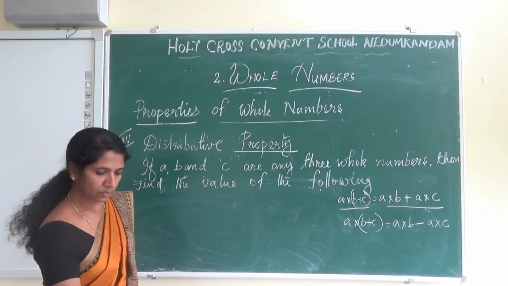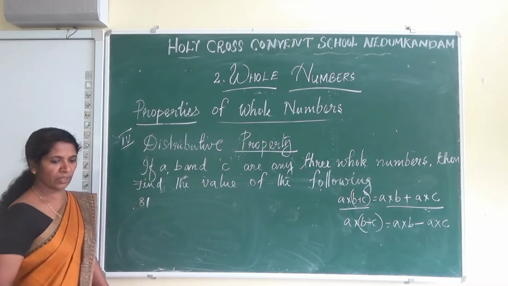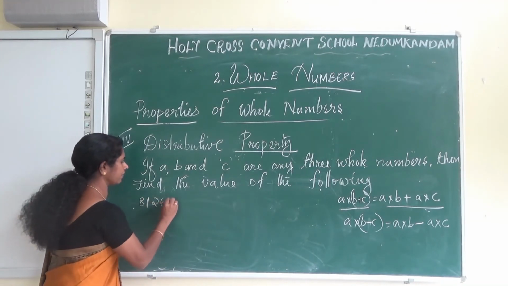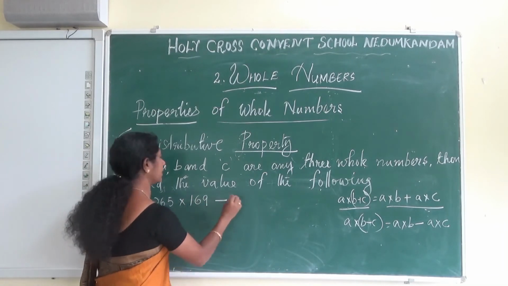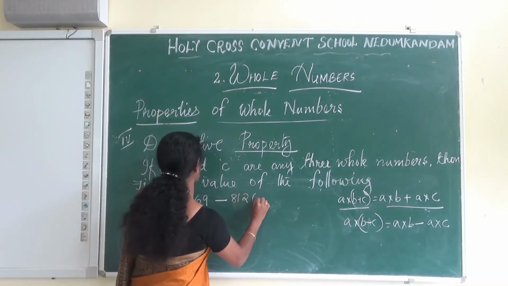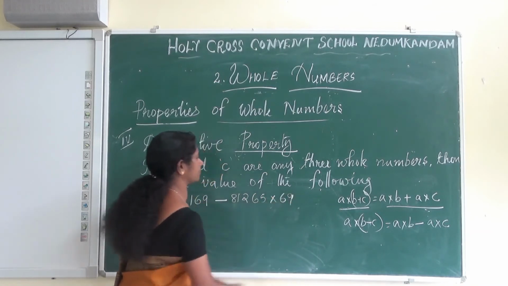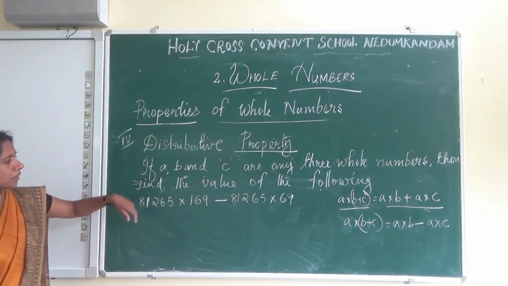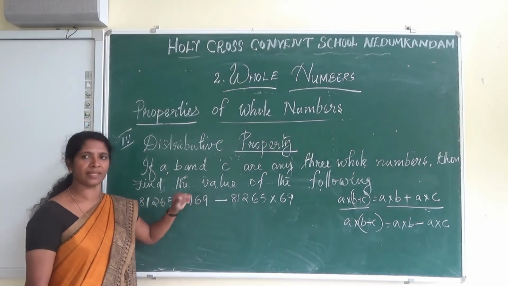81,265 into 169 minus 81,265 into 69. This is the distributive property of multiplication under subtraction.